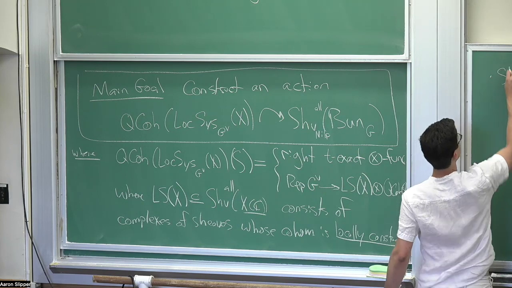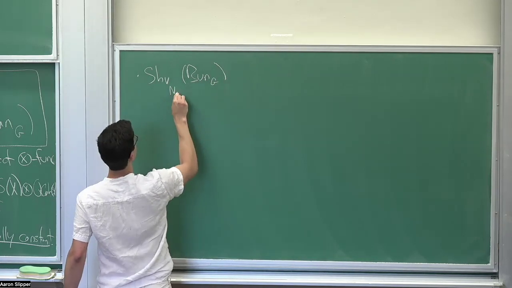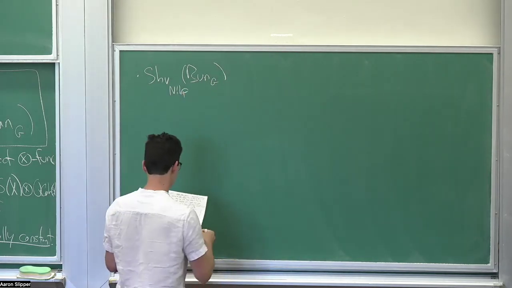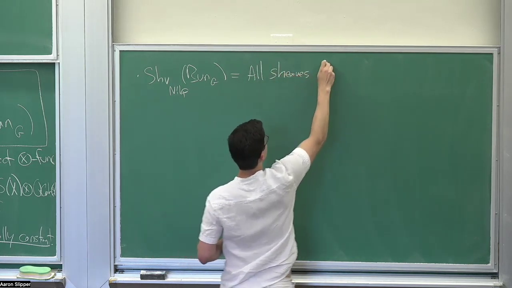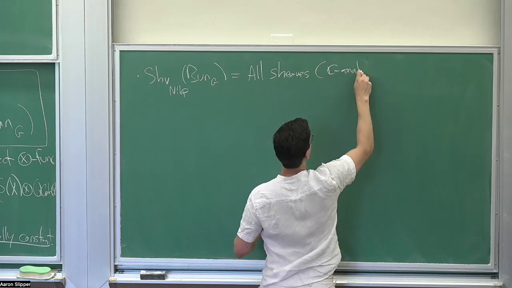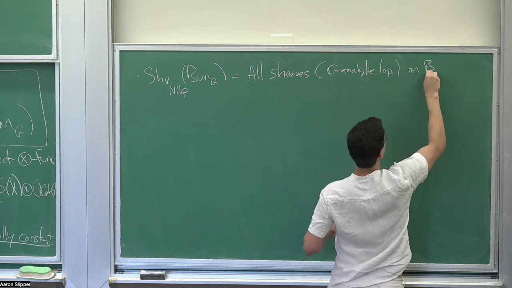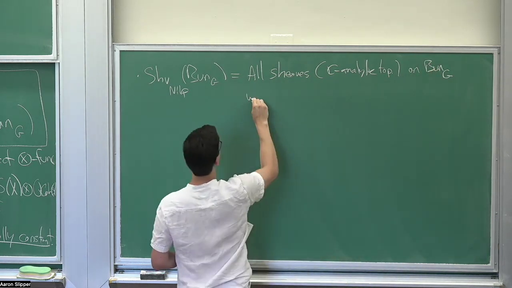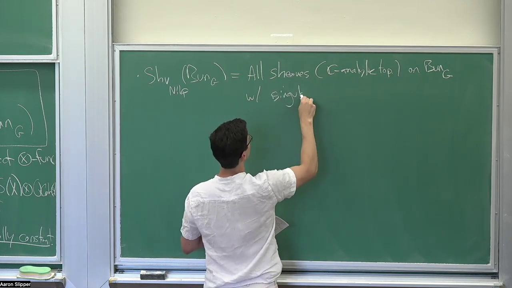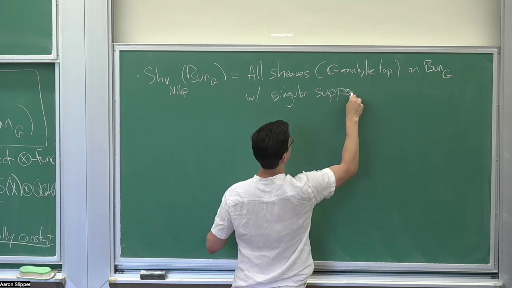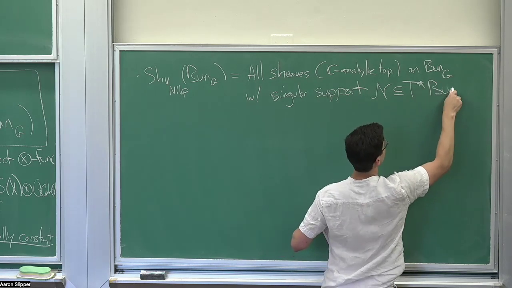And then on the other side, sheaves on BunG with nilpotent singular support. Again, it's all sheaves in the complex analytic topology, with singular support contained in the global nilpotent cone.